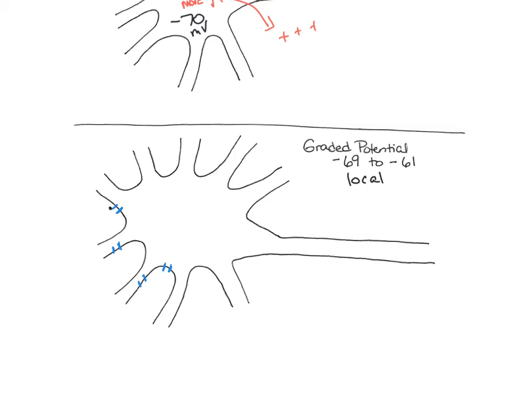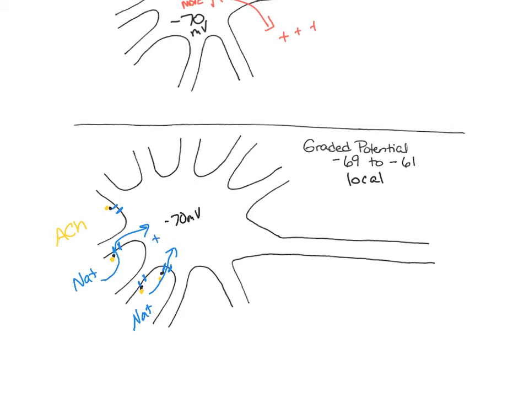If acetylcholine binds to these receptors, these chemically gated sodium channels open up, and sodium will enter the cell because it's attracted to the negative charges inside the cell and because sodium wants to diffuse from higher concentration to lower concentration. So sodium moves into the cell.